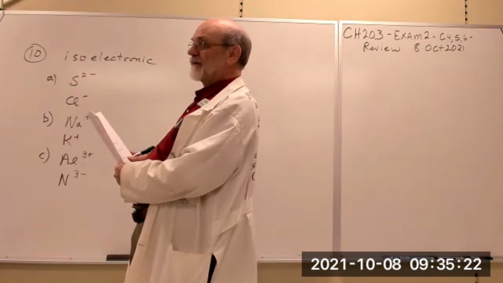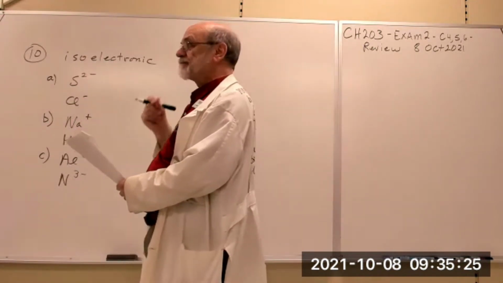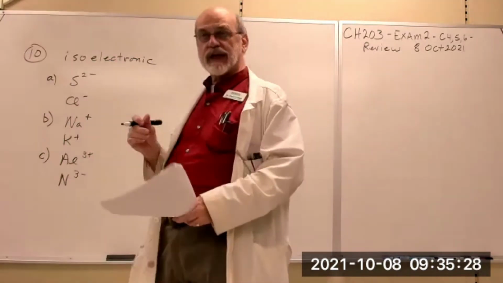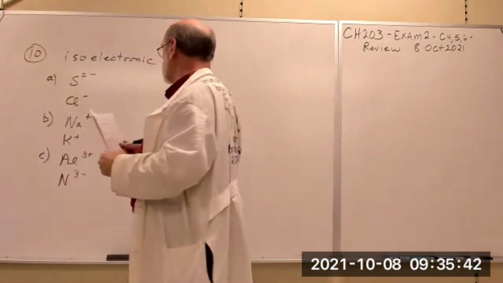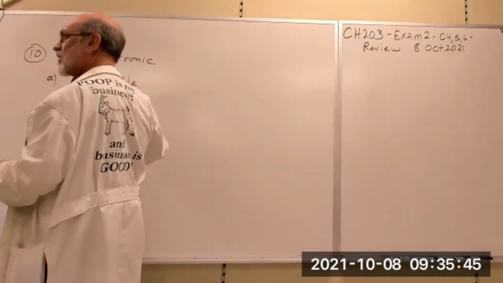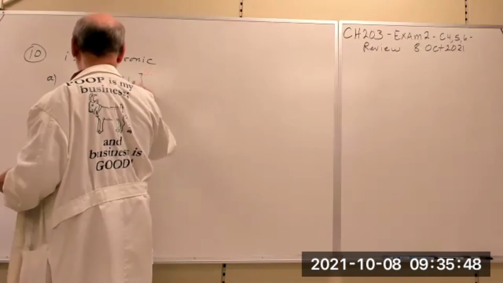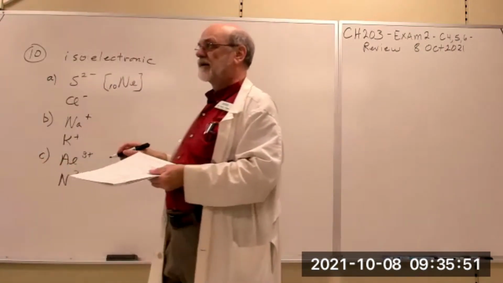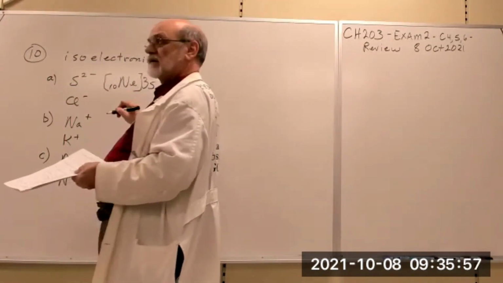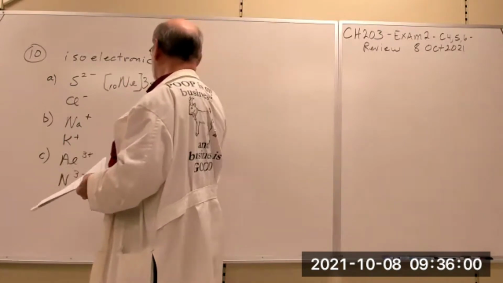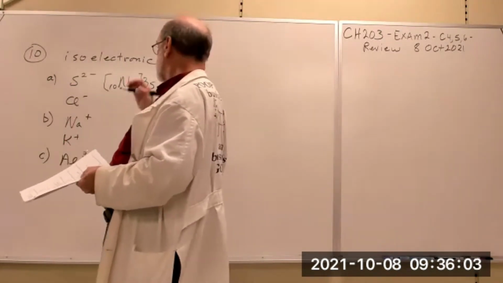Sulfur's in the 3rd period, right, which means I'm going to use the shorthand. So if we look at sulfur and work our way backwards over to sodium and then go back up to the next period, it would be neon, the core. So I'm going to start with neon as my core with 10 and then work from there. In the 3rd period, we start with 3s and then we go to 3p, and by then we get to sulfur.